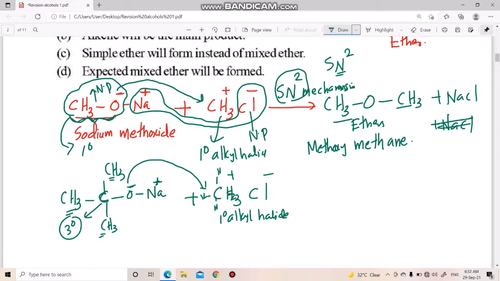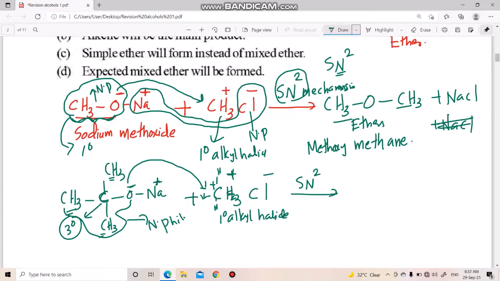Do you remember the SN2 mechanism? In SN2, the first step is the backside attack of the nucleophile. The (CH3)3CO negative is a strong nucleophile, and it attacks the backside of the carbon because the carbon is positive.